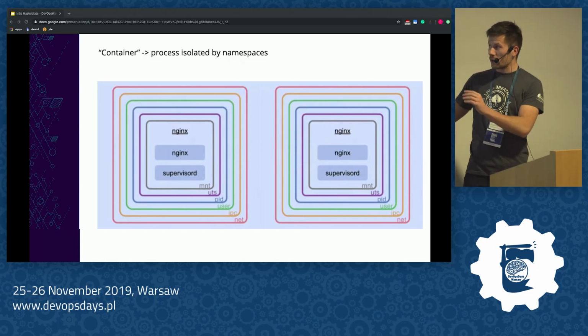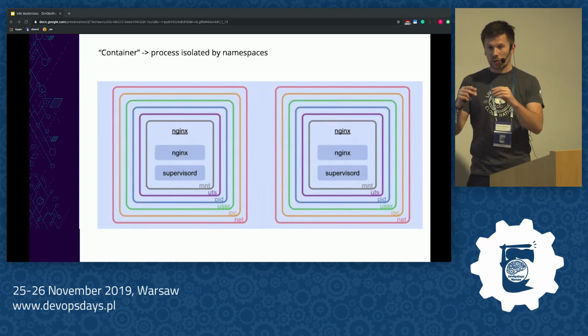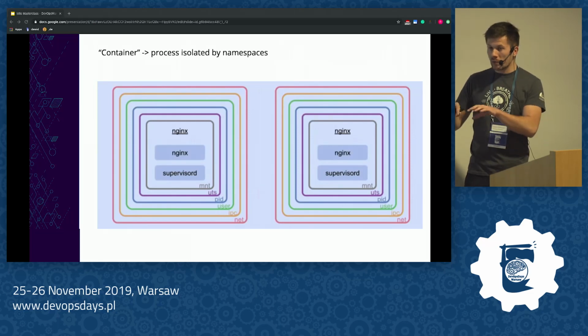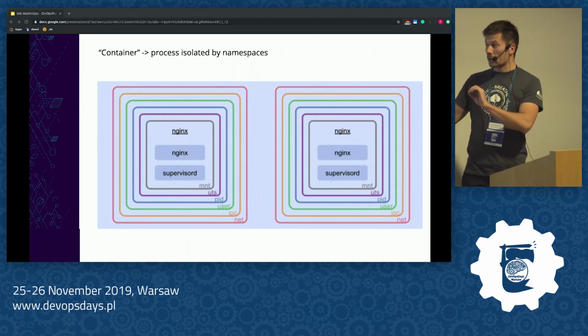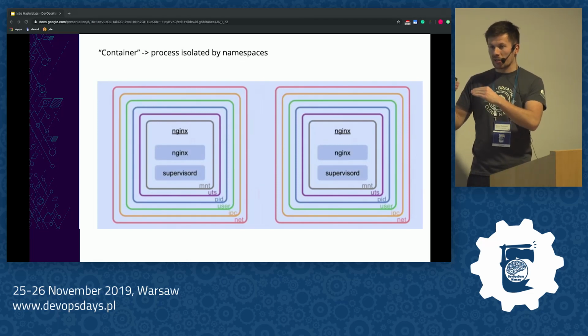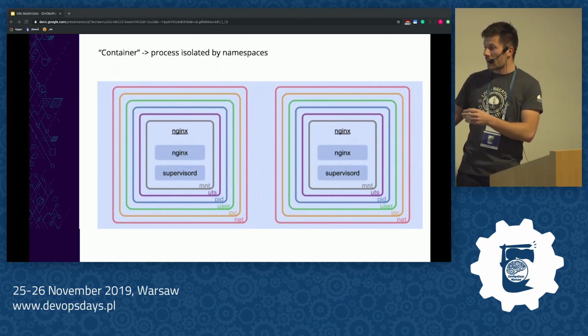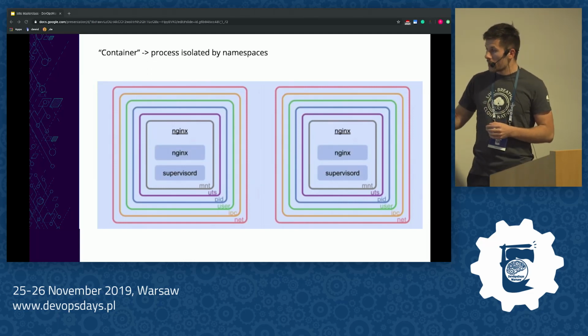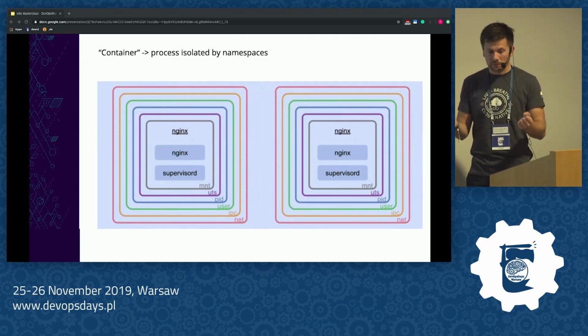So if you have some Linux process running on a Linux host, let's say Nginx, that process, if it were running normally on a Linux server, and if it's running inside a Docker container, from the Linux kernel's view, it's exactly the same process. The only difference is that the kernel packages it into those namespaces. And then, if you apply all of the namespaces that the Linux kernel gives you, then you get a container. Okay?